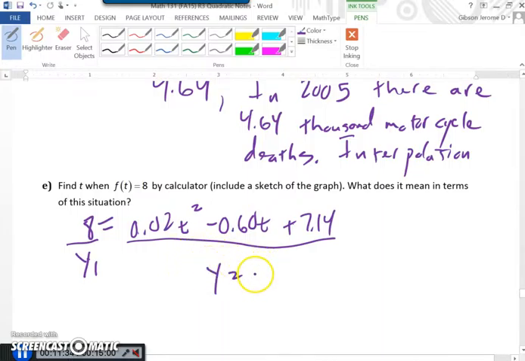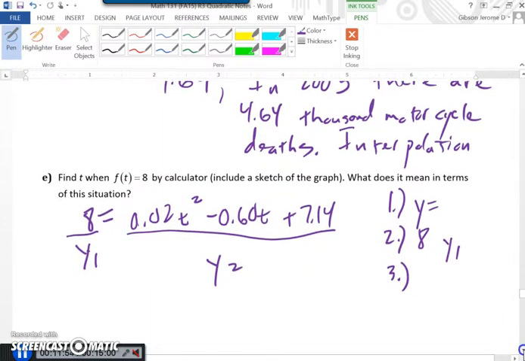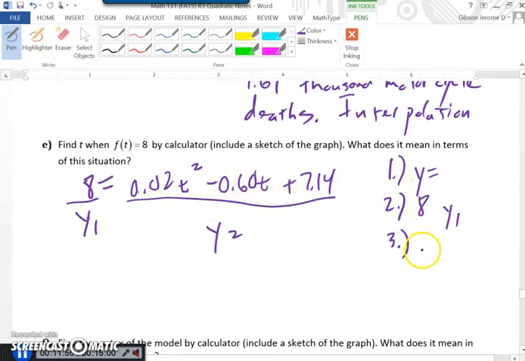So what we would have to do is this. You would go to y equals, you would type in 8 for y1, and then for y2 you would type in 0.02 t squared. I just say you would type in a y2 equation. For the purpose of this problem, when you type in y2, you can use x instead of t.